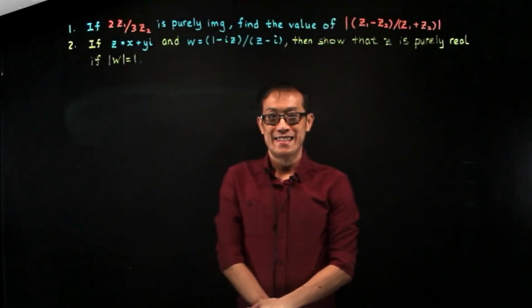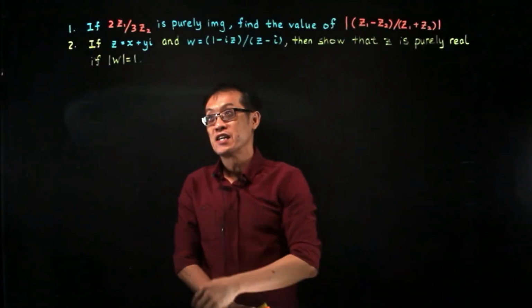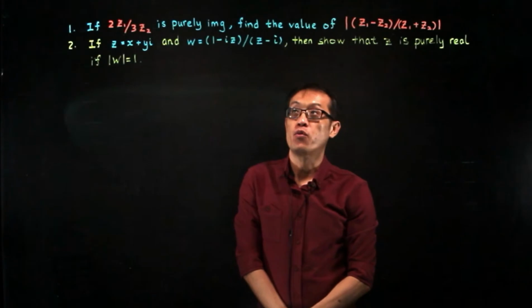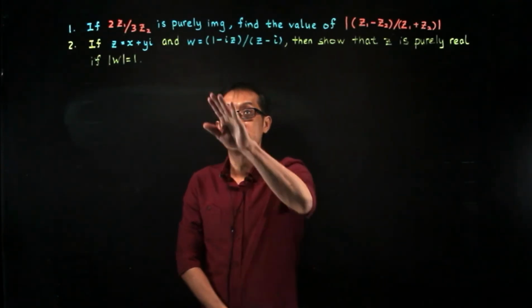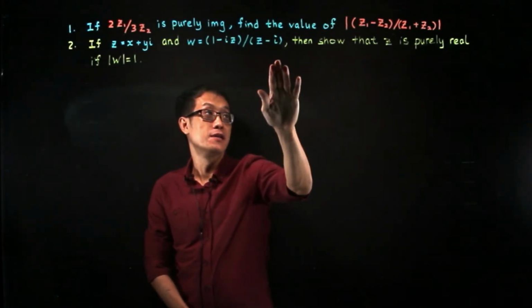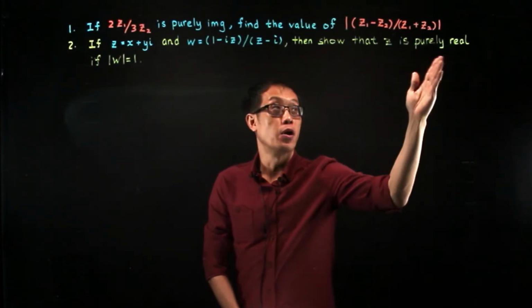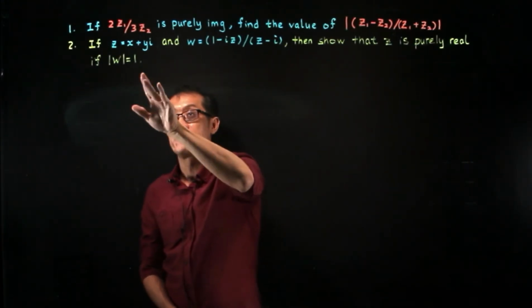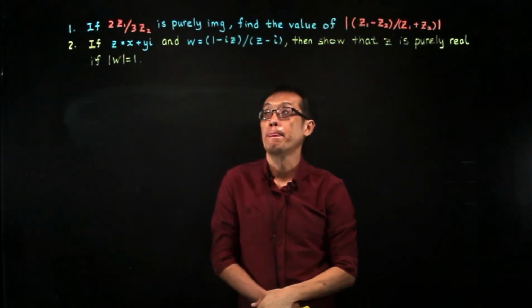Question 2. If z is equal to x plus yi and w is given by this expression, then show that z is purely real if the modulus of w is equal to 1.